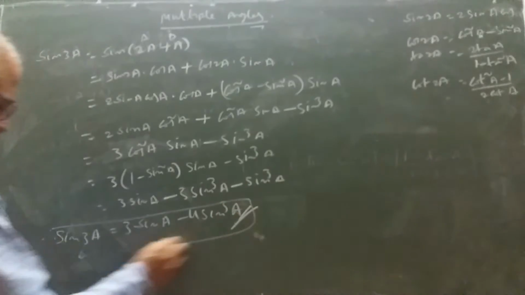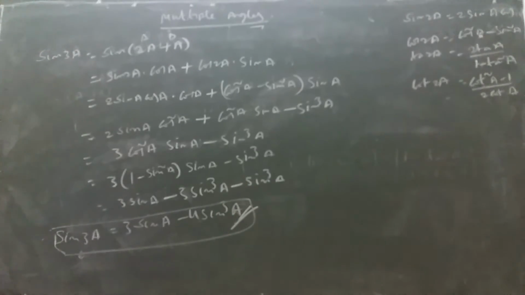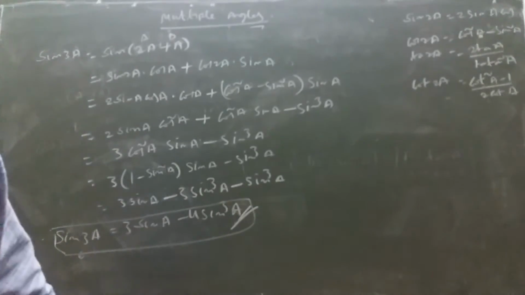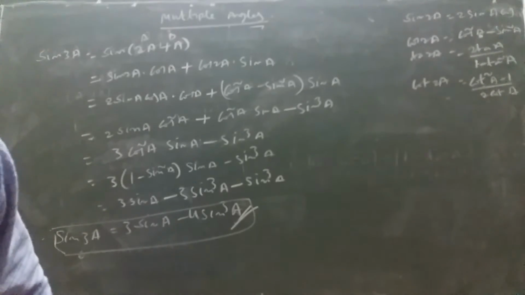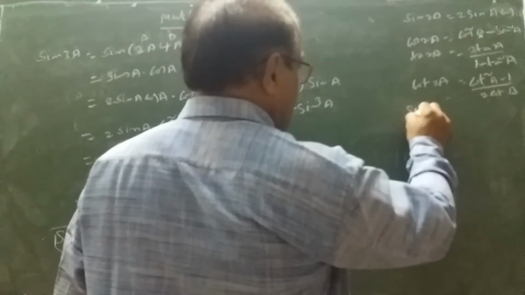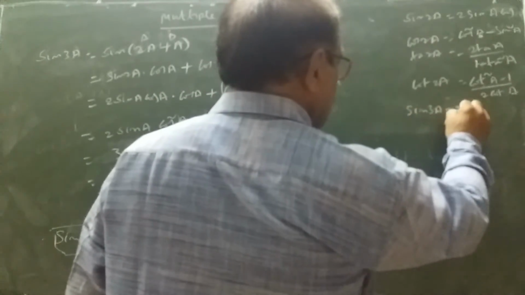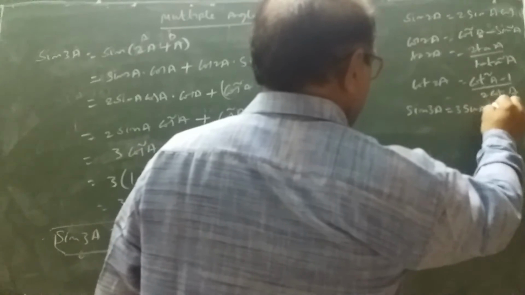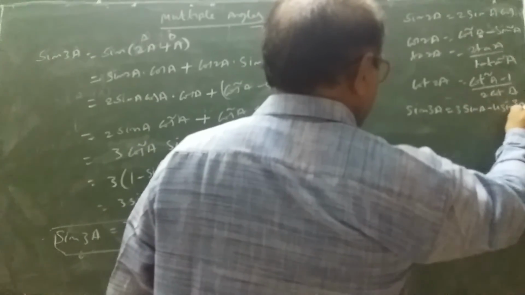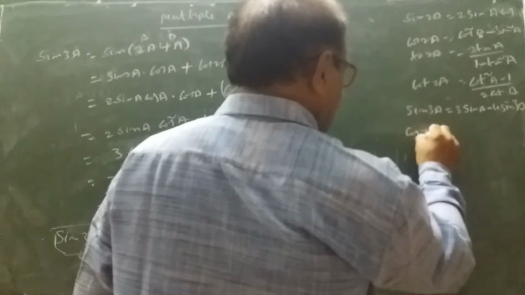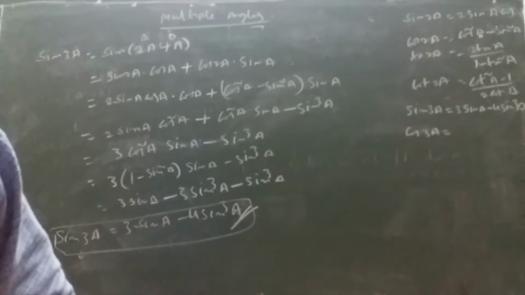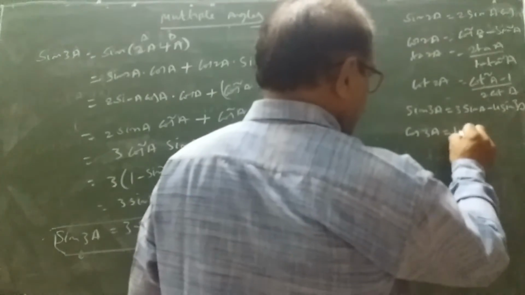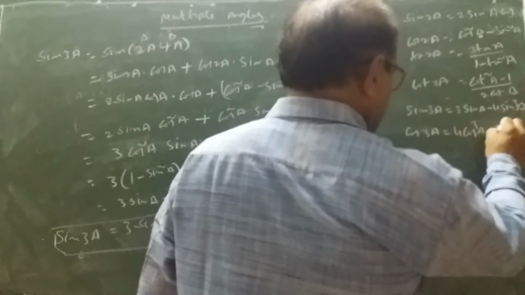In this way, we can prove cos 3A also. What is sin 3A? Sin 3A is equal to 3 sin A minus 4 sin cube A. Similarly, cos 3A is equal to 4 cos cube A minus 3 cos A, in terms of cos.